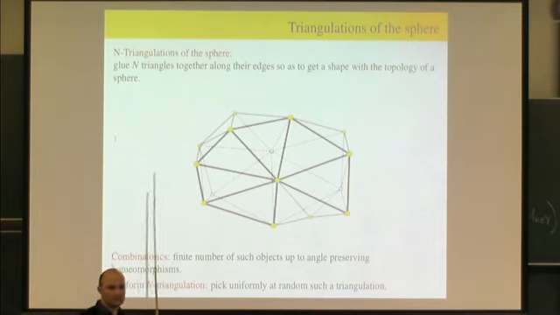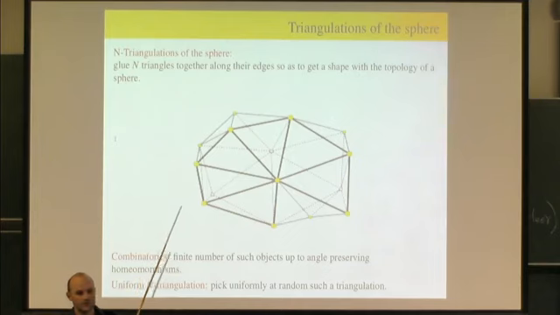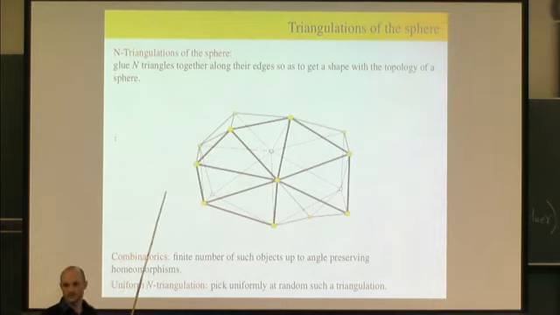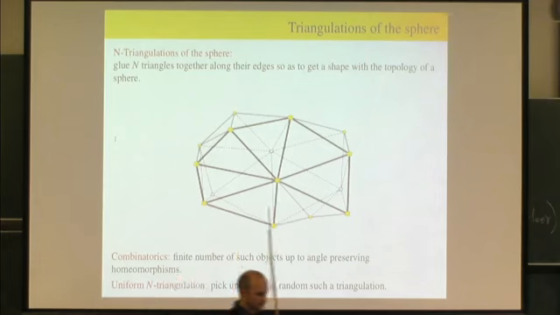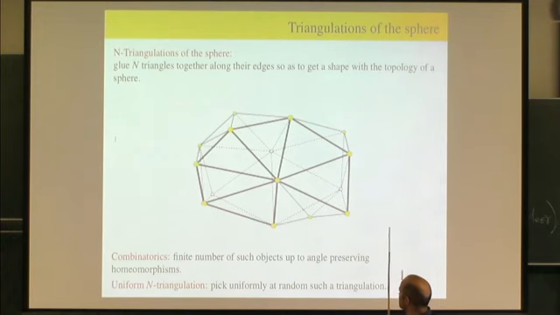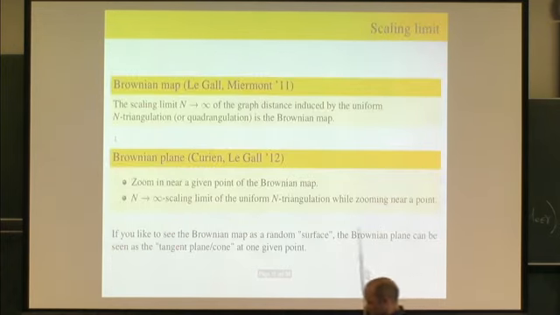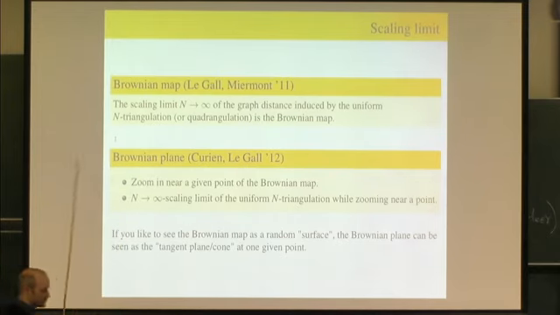So if you have only a finite number of triangulations, you can pick a triangulation uniformly at random among this finite set. If you do so, you get a random triangulation of the sphere. The important theorem in the field is the definition of the Brownian map.